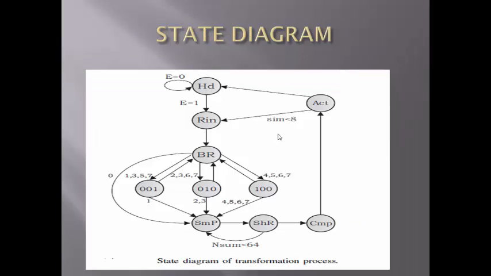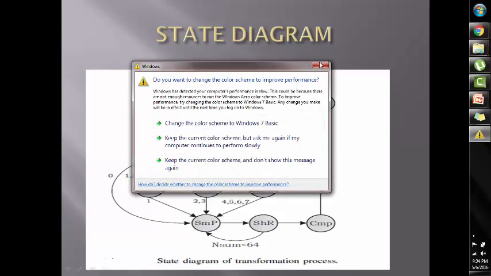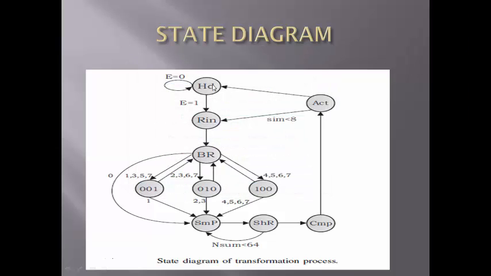So here we are going to see the state diagram of the transformation process. Here the transformation control unit stays in a waiting state HD until it receives the activation signal E. The state HD is used to assign the initial values for block processing. In the state RIN, the necessary values to process each transformation are initialized.